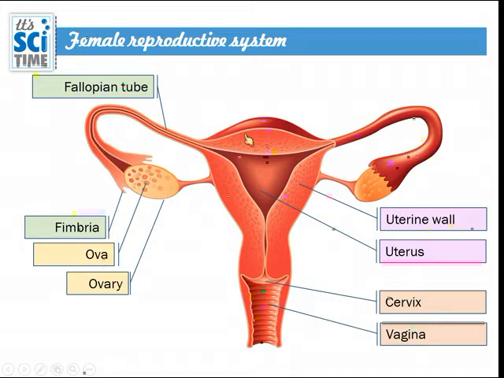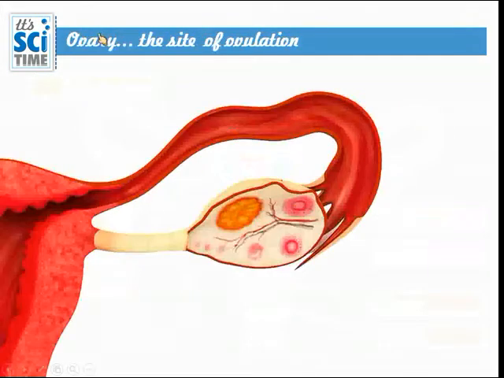Now I will move on to the next slide to discuss the main functions of the main parts of the female reproductive system. First one, the ovary, the site of ovulation. This is the ovary, and there are a number of immature ova found, around 20,000 to 40,000 immature ova in this ovary.